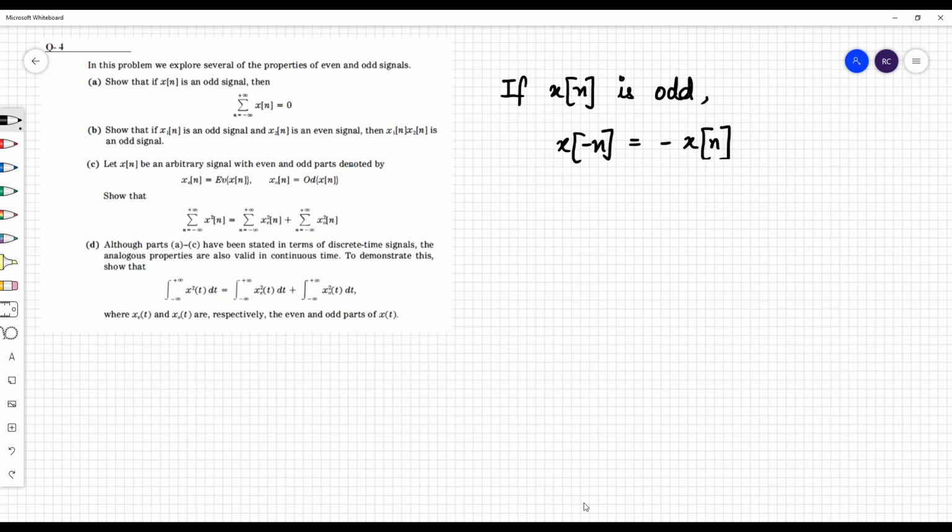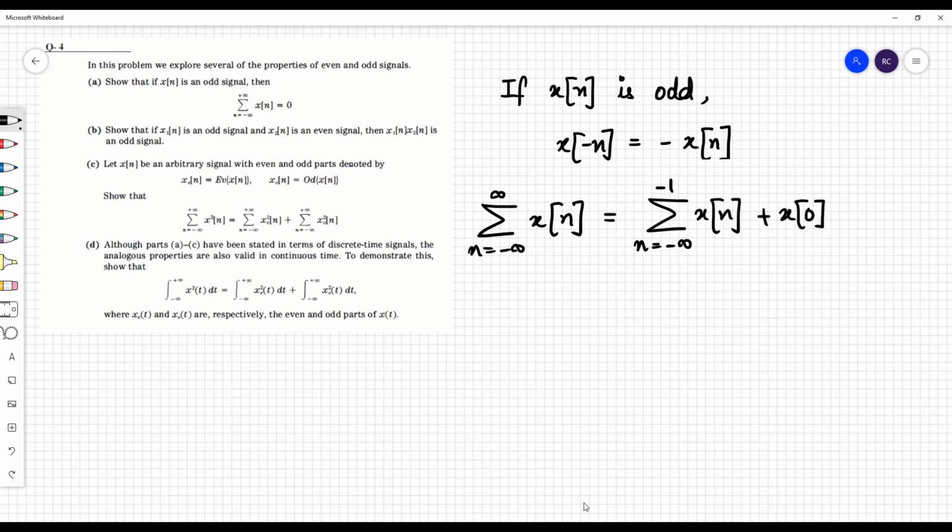Now, knowing this, can we write the summation of x[n] for n from minus infinity to plus infinity? Can we break this into two summations? Say n from minus infinity to minus 1, then x[0], and then another summation n equal to 1 to infinity x[n], right?